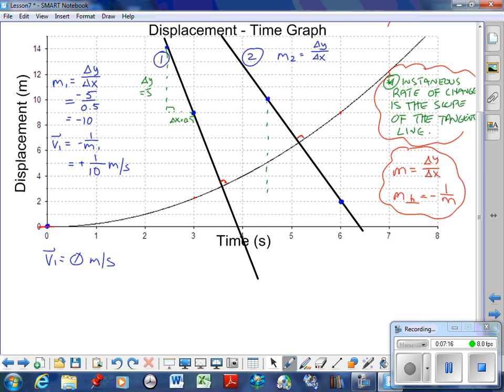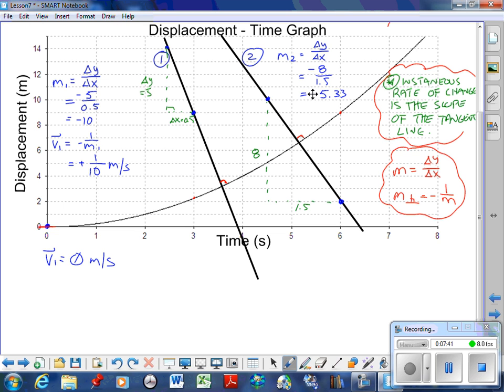Dropping my line down, across. 1, 2, 3, 4, 5, 6, 7, 8. So it looks like I have 8 there, and that's 1.5 there. So my slope of line 2 is 8, it's negative again, over 1.5. Doing the math, comes out to be approximately negative 5.33.